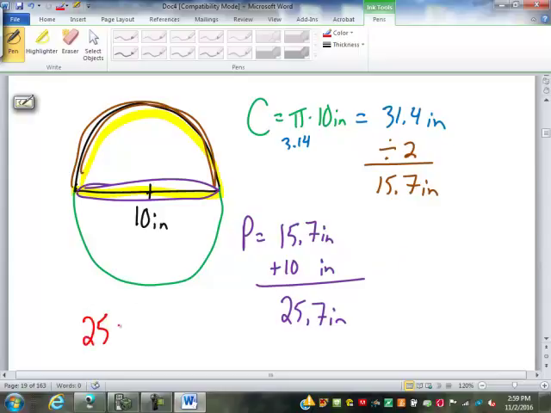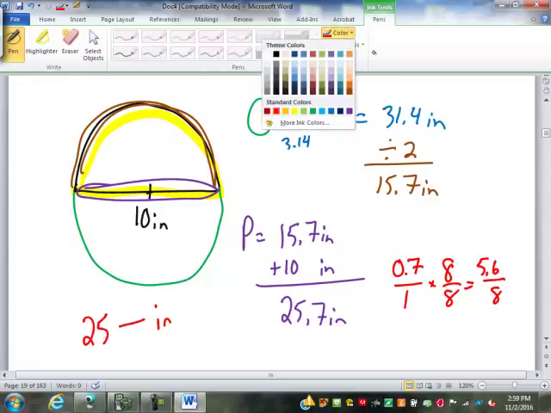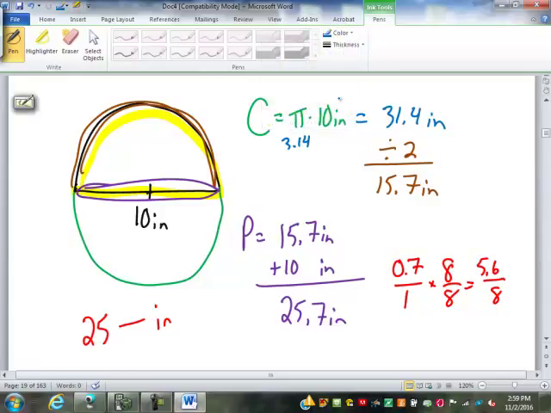So I got my 25 inches. Let's see how the fraction is. 0.7 over 1 times 8 over 8. 0.7 times 8 is 5.6. So that's between 5 and 6. It's definitely closer to 6/8.